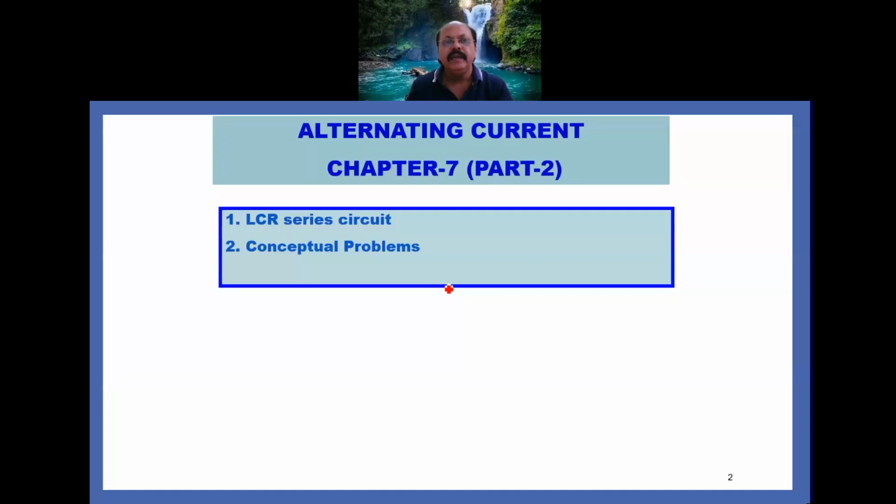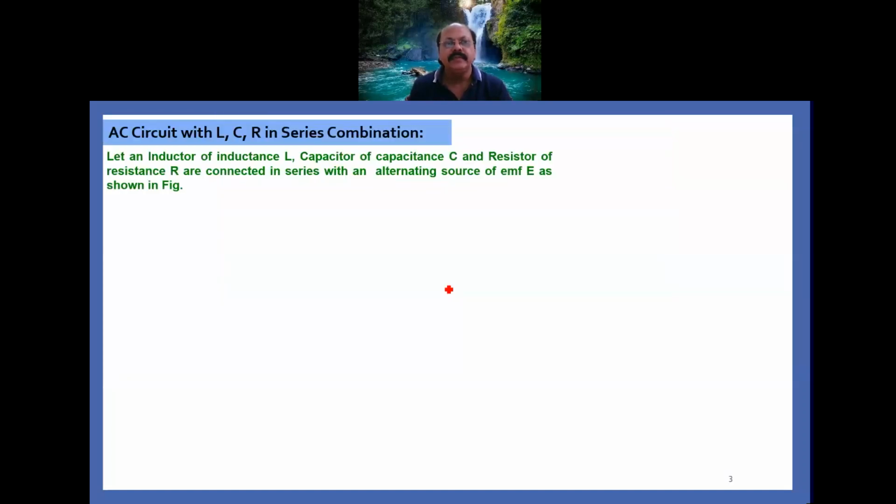So you see here, the LCR series circuit means an AC circuit with an inductor of inductance L, a capacitor of capacitance C, and a resistor of resistance R in series combination.